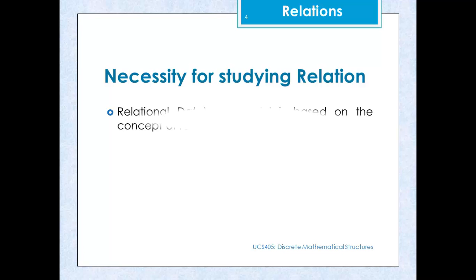In that relational database management system, all the records are arranged in the form of a table, that is called a relation. So that you will study in the subject database management system. So now let us move to the real topic, that is relation.